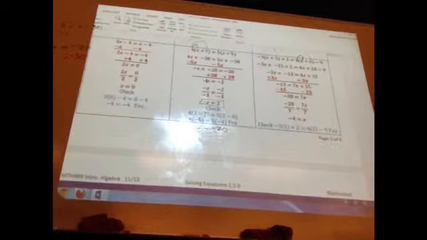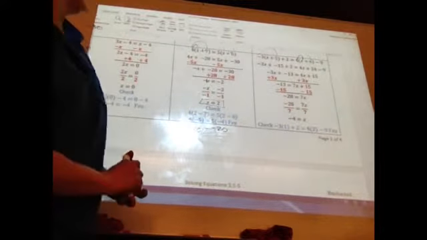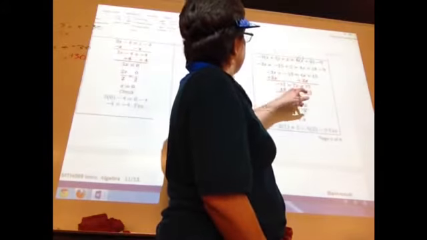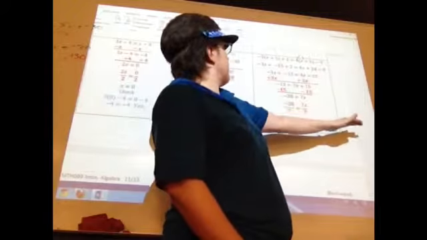Non-structured says use addition or subtraction to move all the variable terms to one side of the equation. Remember to do the same thing to both sides of the equation. All the variable terms to one side. So I opted in this case that I'm going to put the variables on the right.